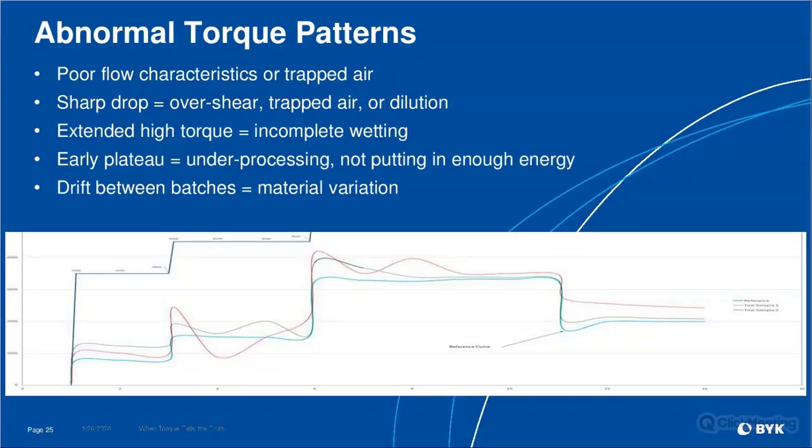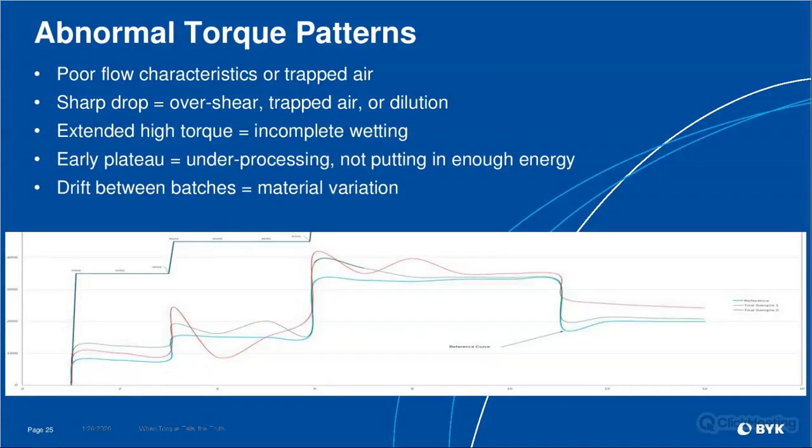So what does an abnormal torque pattern look like? Well, we could have flow characteristics issues. We can have air that's trapped or deagglomeration. You can see there on that red line how that dropped way off.